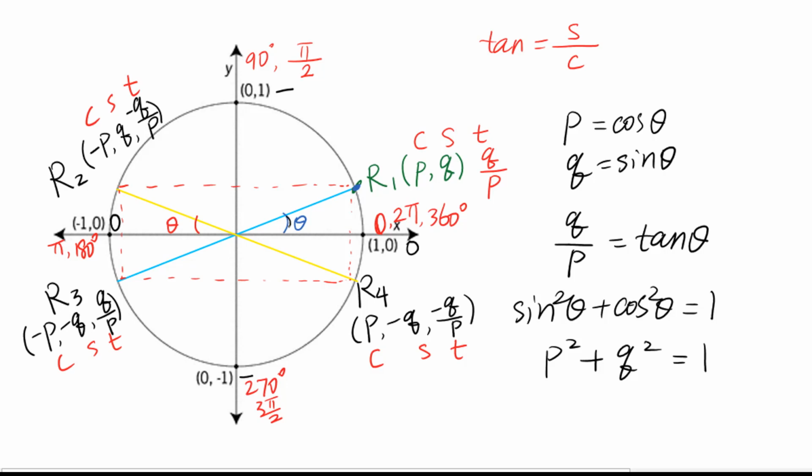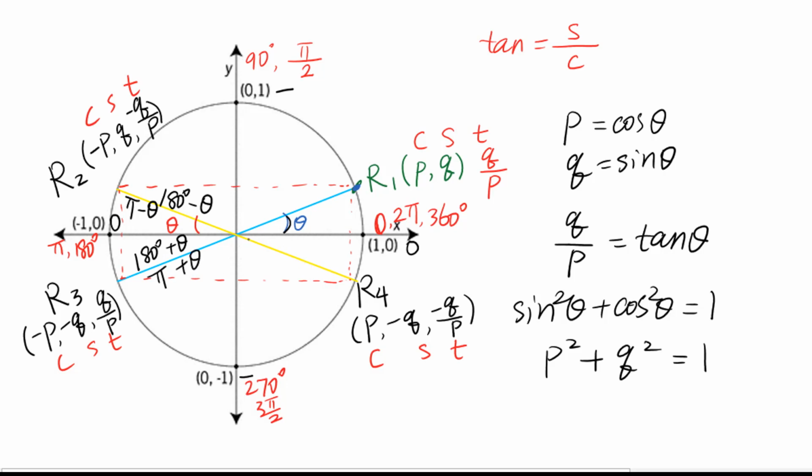Let's talk about the angle for R1 to R4. This is a theta degree. This one, we will write down 180 degree minus theta, or we can write down pi minus theta. For R3, we will write down 180 degree plus theta or pi plus theta.